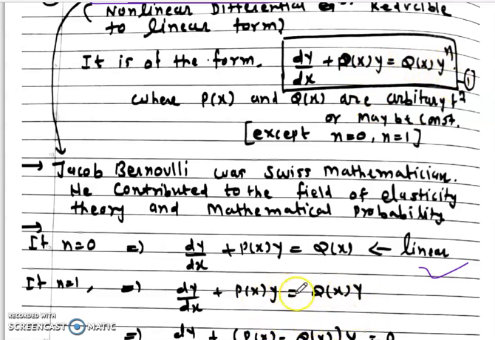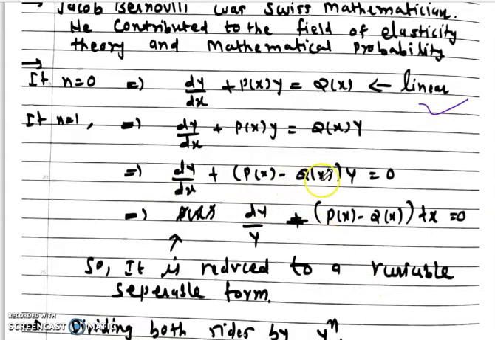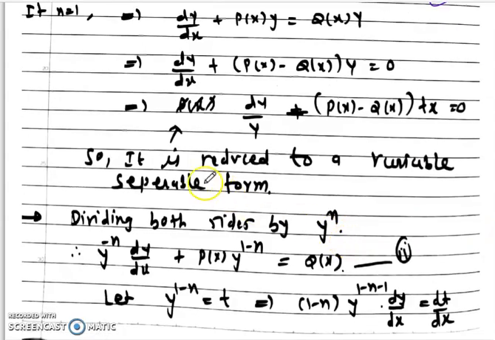So we can say dy by dx plus p of x minus q of x times y is equal to 0, and that can be written as dy by y plus p of x minus q of x dx is equal to 0, and this is reduced to variable separable. So we can find its general solution.